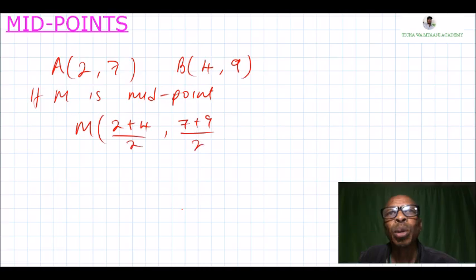That gives us 2 plus 4 is 6, 6 divided by 2 is 3, and 7 plus 9 is 16 divided by 2 is 8. So that is the midpoint.